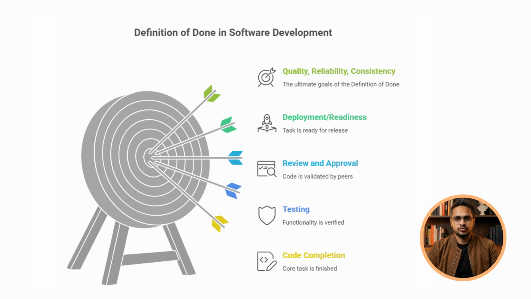A task is not truly done until it meets a predefined criterion, and that includes completion of the code, it gets properly tested, it's reviewed and approved, and if it's deployed or ready for deployment. This ensures quality, reliability, and a consistent standard of delivery across the product.